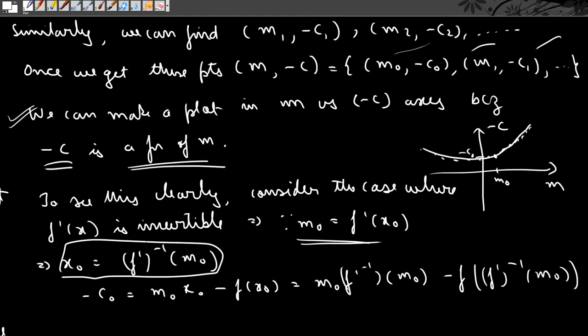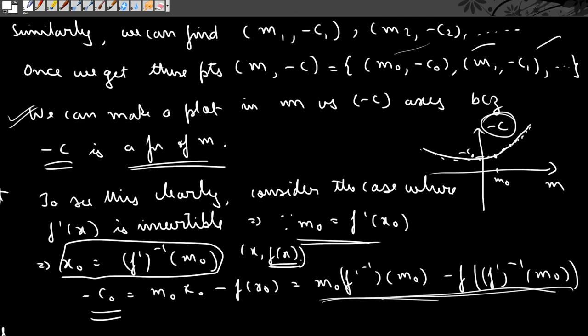So we are starting with our knowledge of the representation of the function using the points x comma f of x, which means we know the function f of x, which means we can calculate f dash of x, which means we can calculate f dash inverse of some quantity. So if f dash is invertible, clearly this c naught is expressed as a function of m in this manner, and therefore we are going to plot minus c on our y-axis in this space.